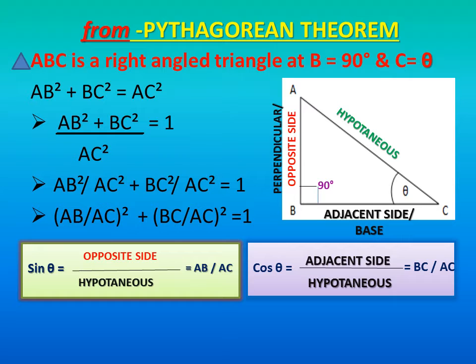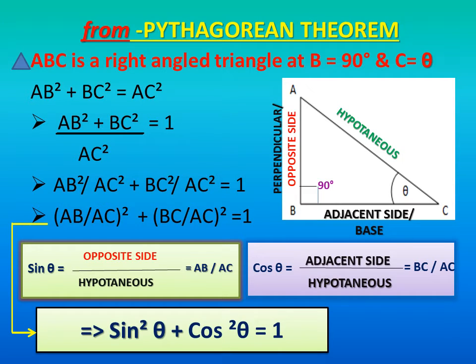So from this, what we can get: AB upon AC we can write as sine theta, so squaring it, AB upon AC the whole square is sine square theta, and BC upon AC the whole square is cos square theta, which together is equal to 1.